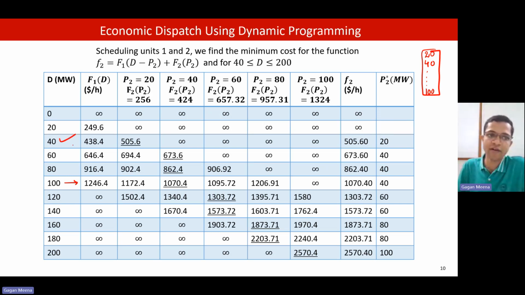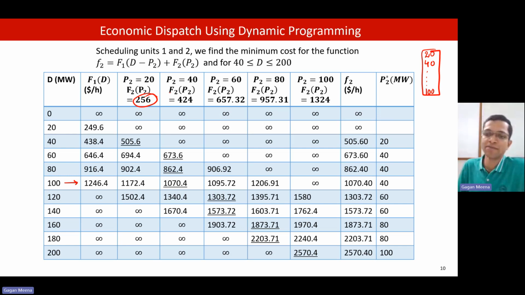We will start from 40. Now for 40, there is one combination where both of them are at their minimum of 20. Minimum they have to supply that much. If P2 is 20, cost is 256.